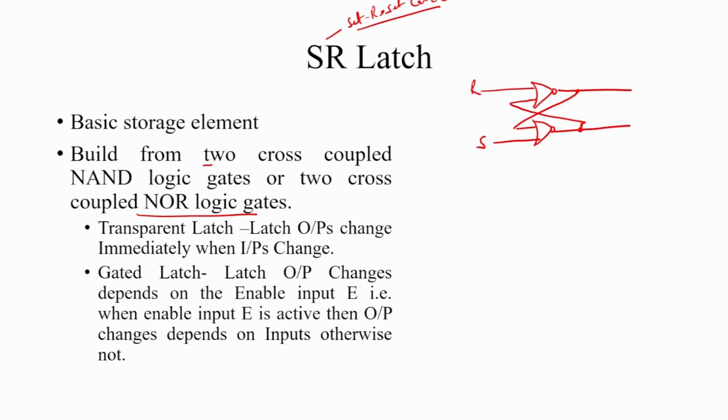And what will be the output? There are two outputs: the first output is Q, and the second is its complemented form. In each flip flop two outputs are generated, suppose one is Q, then the other is its complement, Q complement.